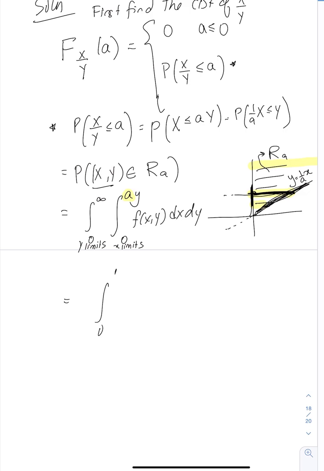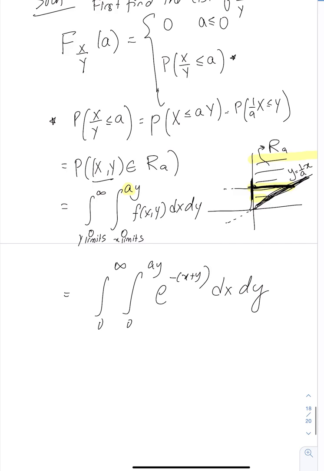So integral 0 to infinity, integral 0 to ay, e to the minus x plus y, dx dy. All right. You cannot separate out the integrals because the region is triangular. So integral 0 to infinity, integral 0 to ay, e to the minus x, e to the minus y, dx dy.